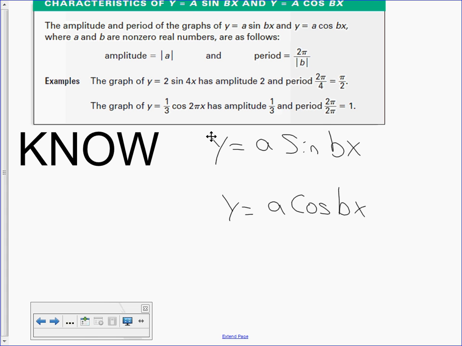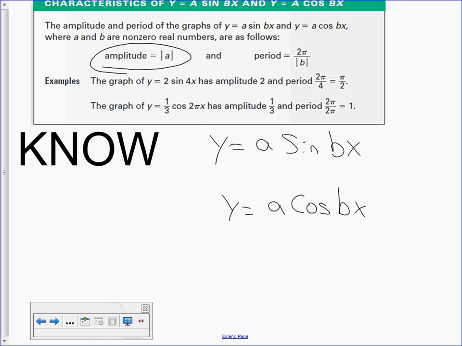And I'm going to explain to you how all of this works. As you do a couple examples of these, it's very, very simple. It's just following the same rules each time. So what we're doing here is this value of A. The value of A is going to be your amplitude. Now, when we look back at the sine function, remember, the graph that we had, it went up.